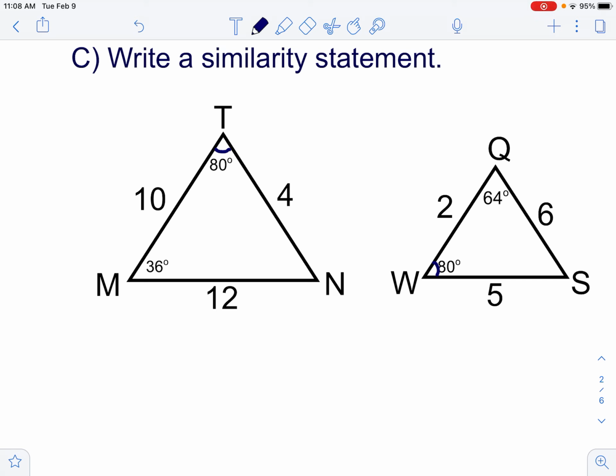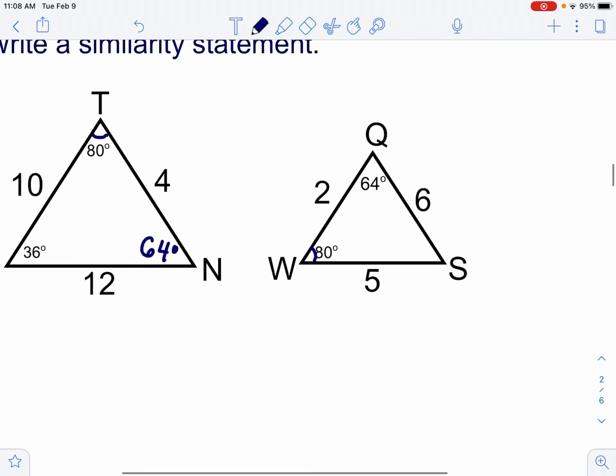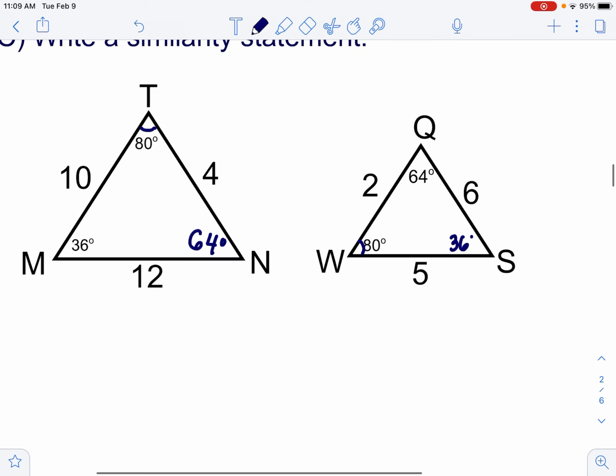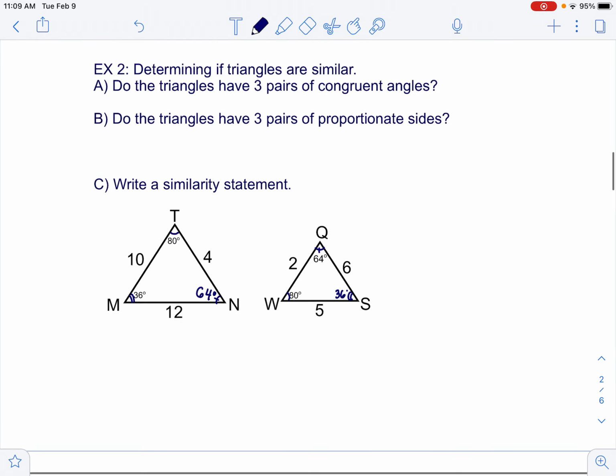If I do 80 plus 36, 180 minus that, I get 64 degrees. Same thing here. If I do 80 plus 64, 180 minus that, I get 36 degrees. So angle M is congruent to angle S, and angle Q is congruent to angle N. So do you have 3 pairs of congruent angles? Yes.